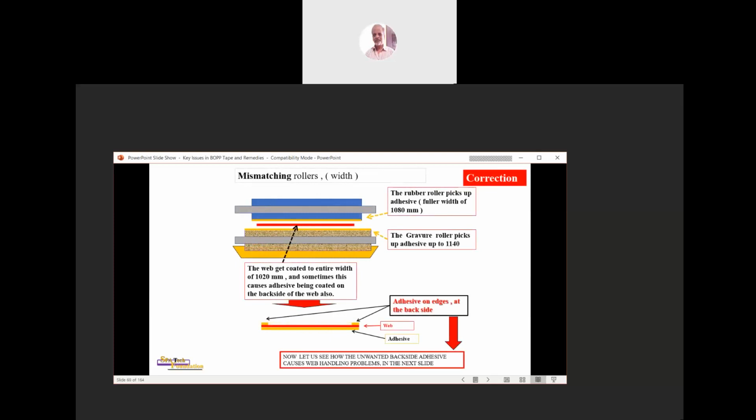So what happens due to this, there are chances that the adhesive on the edges at the backside can be coated, because the adhesive might strike through the edges onto the backside. How it creates problems.